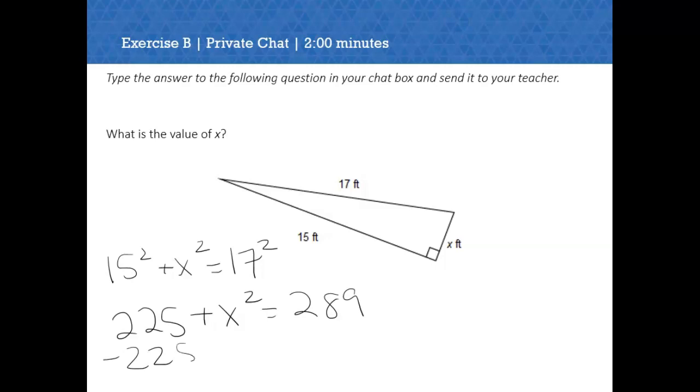Subtract 225 from both sides to get x squared by itself, which is 64. A lot of people stop here, but this says x squared.